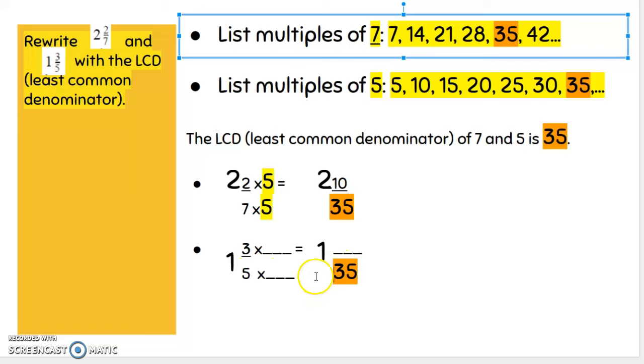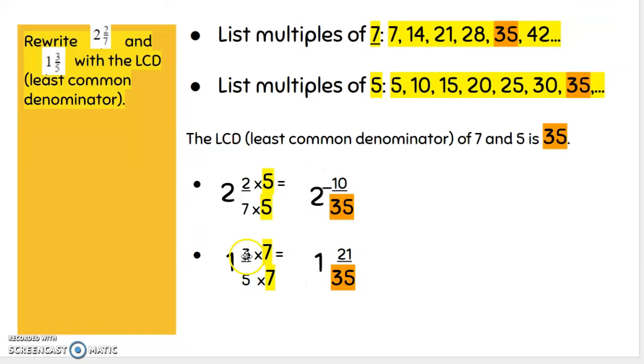And 5 times 7 gives me 35. So I multiply the numerator and denominator by 7. 3 times 7 equals 21, and 5 times 7 equals 35. So I have accomplished my mission. I have rewritten the two fractions with the least common denominator, 35. So same value, but different denominator.